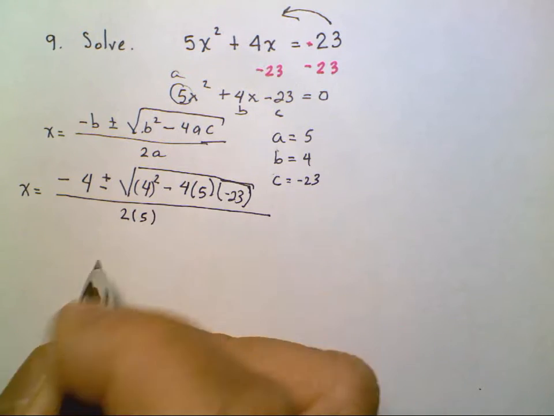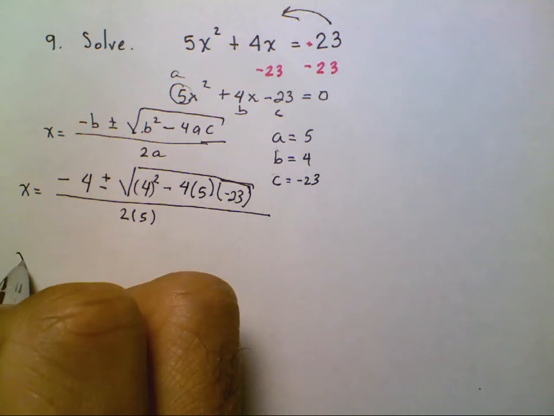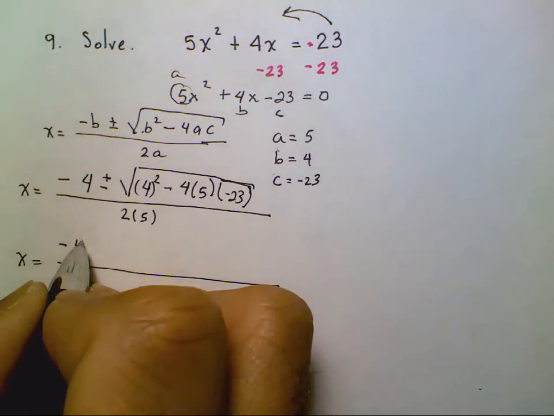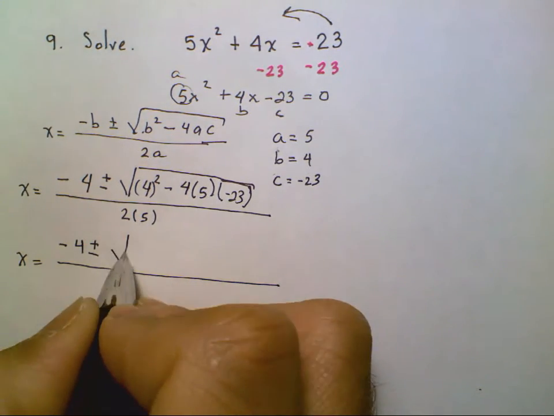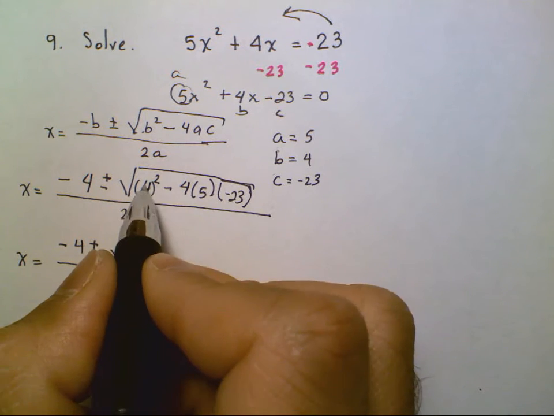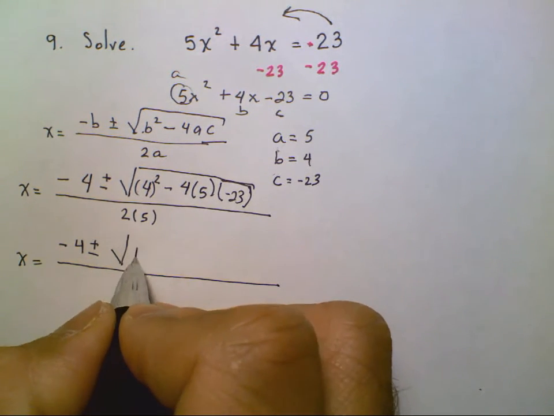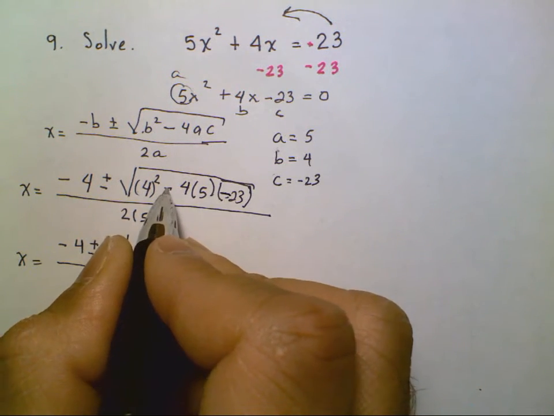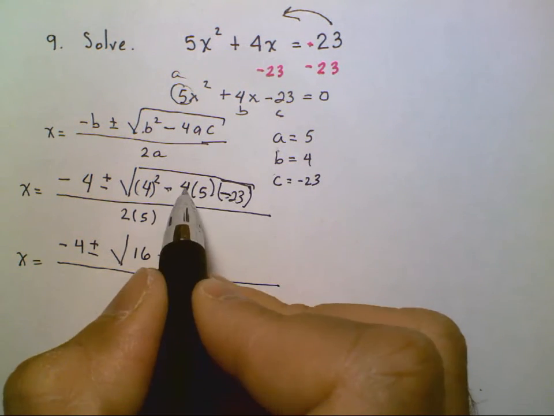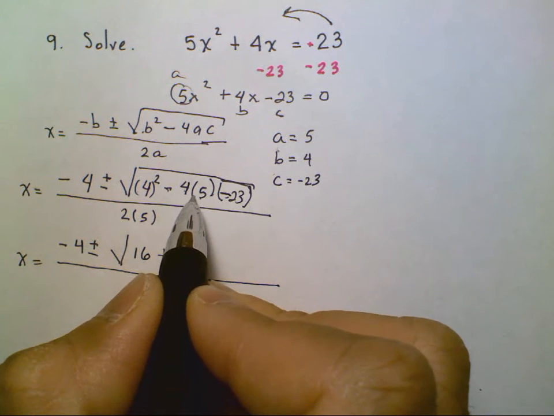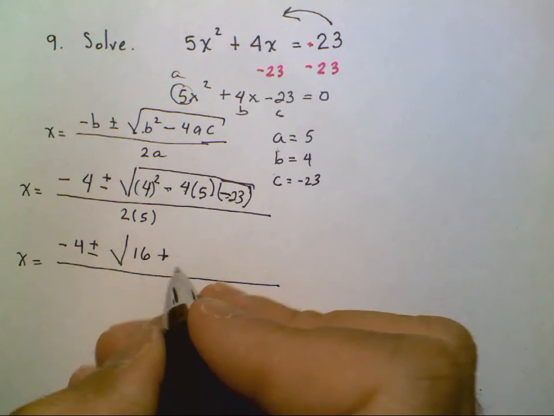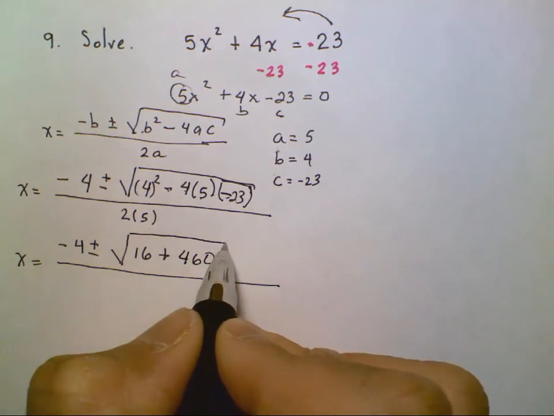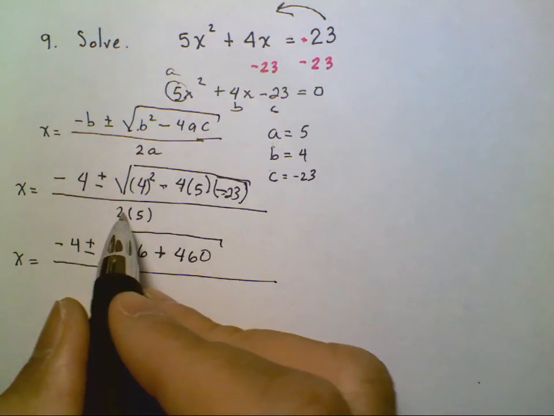So let's simplify. I have that x is equal to negative 4 plus minus the square root of 4 squared, which is 16. Negative and negative, I'm going to simplify the negatives. Negative and negative is positive, and then you multiply 4 times 5 is 20. 20 times 23 is equal to 460. And this is over 2 times 5, which is 10.